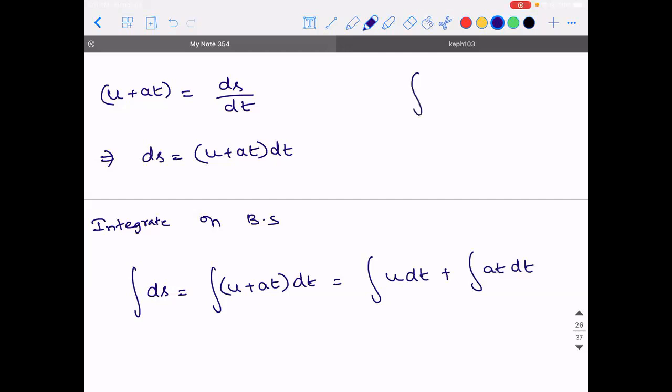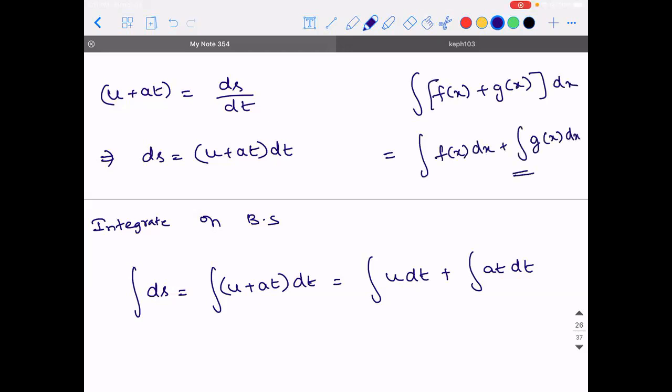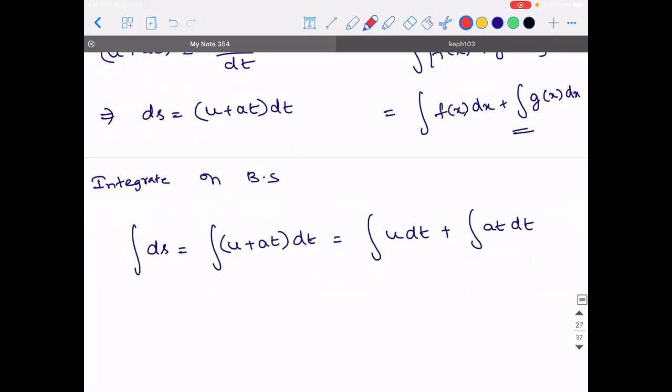It is like this: the integral of f of x plus g of x into dx can be written as the integral of f of x dx plus the integral of g of x dx. So I separated and wrote it like how you differentiate them individually and then add. Similarly, you can integrate and add them. So this is a crucial step.